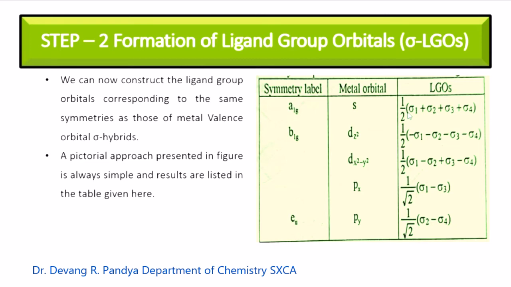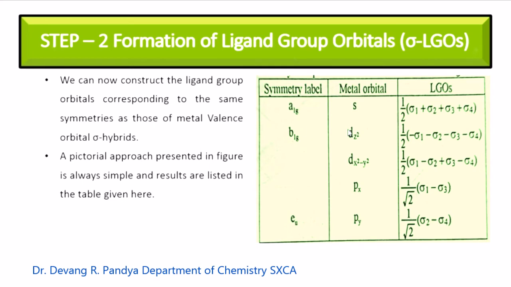Similarly, symmetry label B1G is assigned to dz square and dx square minus y square. Both have the same symmetry label B1G. Generally dz square should not be there, but as I already explained, on the axial side the positive lobes of dz square are on the z-axis, but the ring carrying the negative lobe spreads on the x and y axes, and that is why dz square has a little interaction with the four ligands.